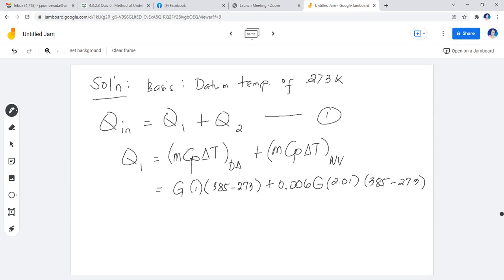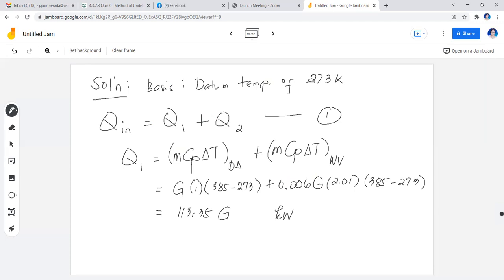So for Q1, please check my answer. For Q1, you will have 113.35 G. I have my unknown here, G. My unit here is kilojoule per second. Okay, that's for my Q1.